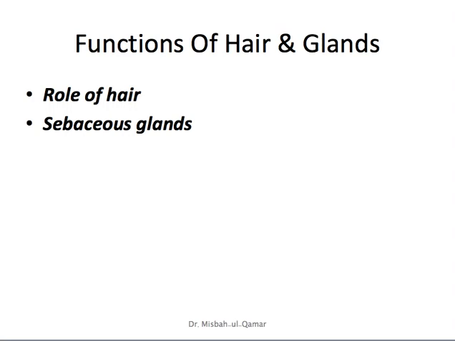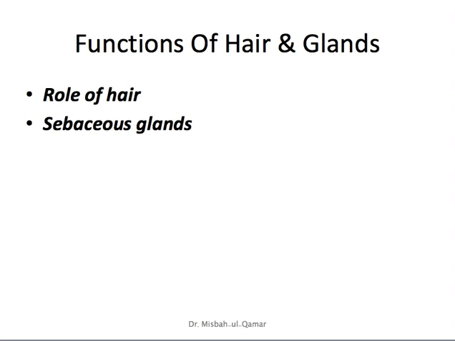Now, how do these sebaceous glands help? These sebaceous glands have oily secretions. They release sebum, and this oily secretion contains mono-, di-, and triglycerides, and various esters such as sterol esters and wax esters.